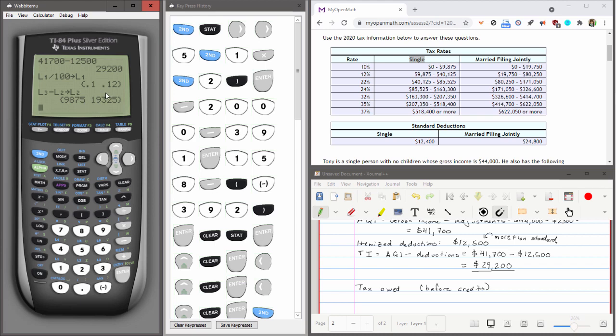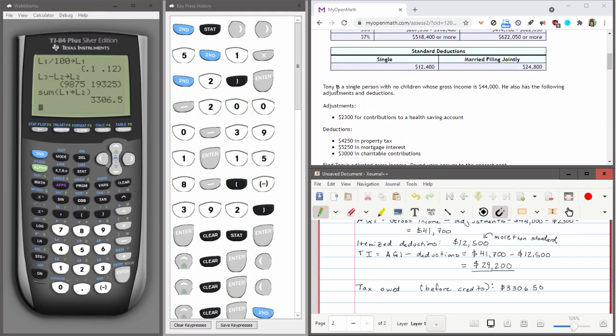And the amount that's taxed at 12% is the rest, $19,325. His total taxes owed, I want to take the sum of the rates in L1 times the amounts in L2. His total taxes owed before any tax credits will be $3,306.50.